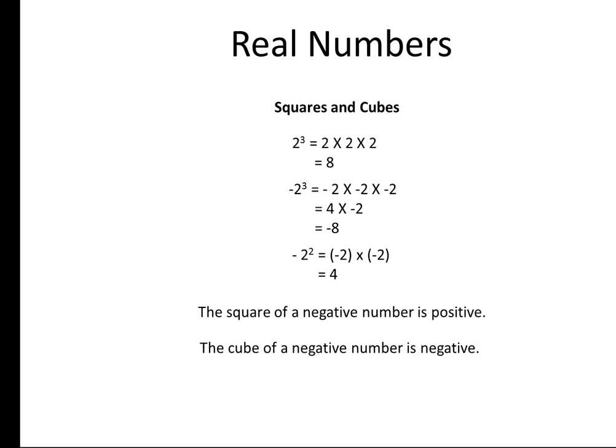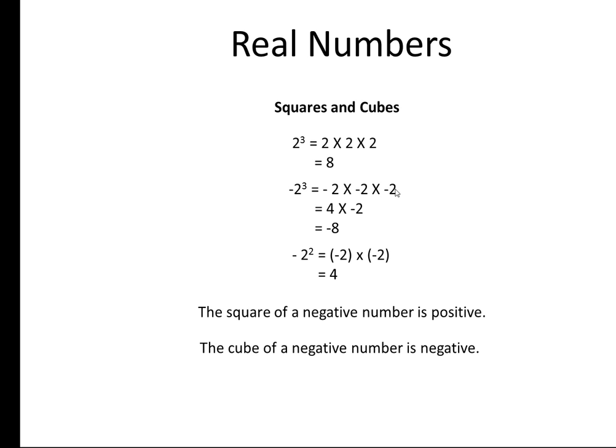But the cube of a negative number is always negative. So here, I don't have to use 2. I can say 3, 4, 5, 6, or 7. It doesn't matter what number this is. It can be any number. But if it is negative, and I take the cube of the negative number, the answer is always negative. The reason is that I multiply this negative number 3 times.